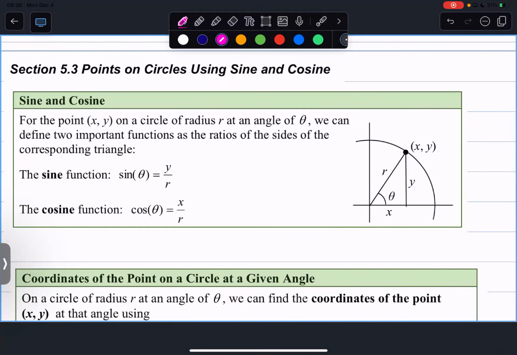5.3. So we got kind of what we needed out of 5.2. They talk about degrees or radians and converting between degrees and radians. And I said, I'm just going to use degrees. With that said, make sure your calculator is in degree mode.